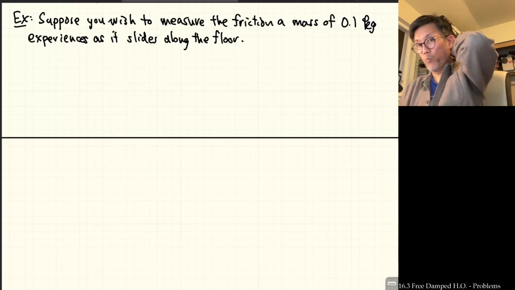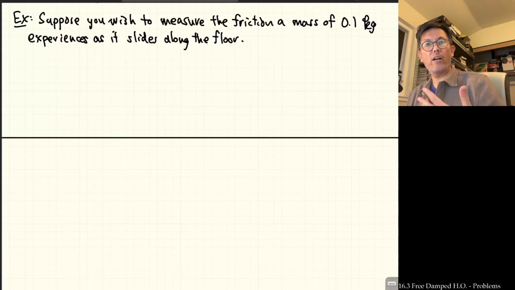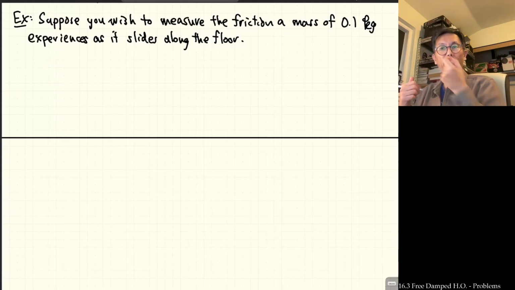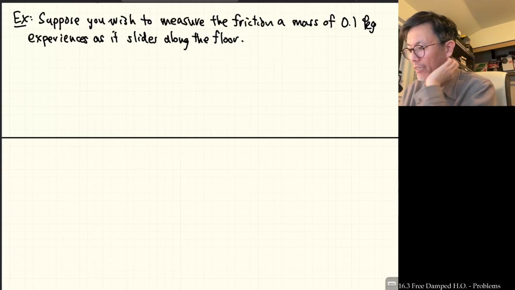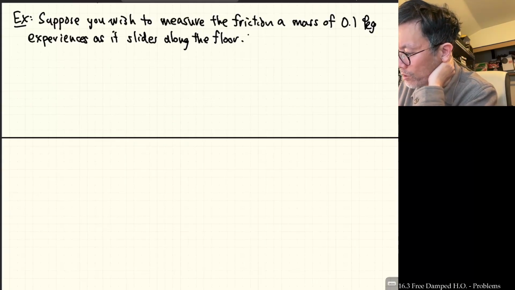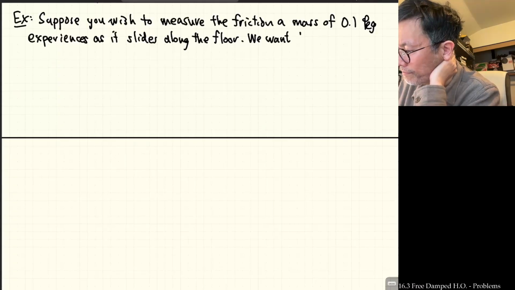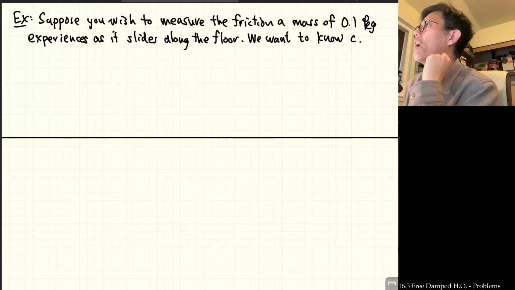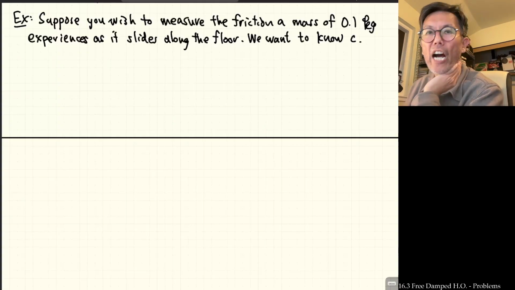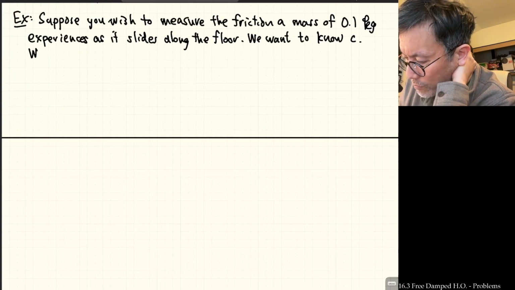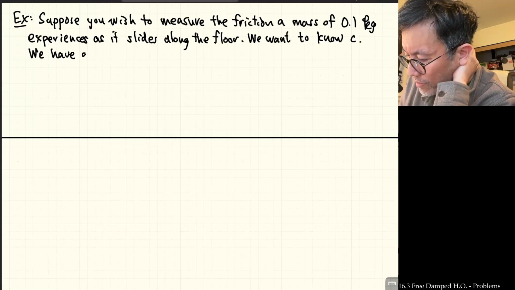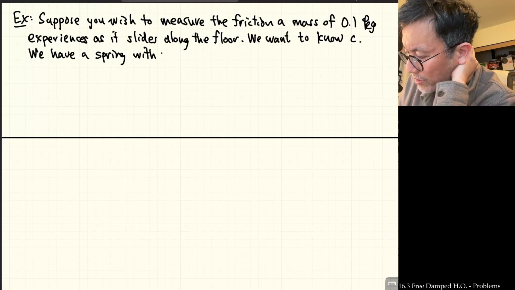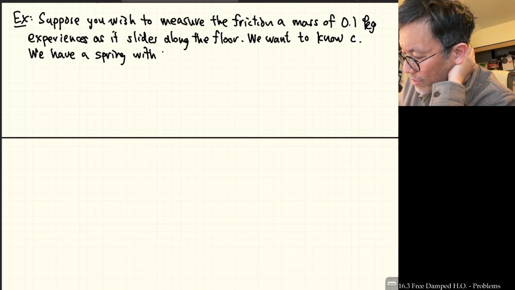So when we say we want to measure the friction, what we're really saying is what is the damping constant C? So really we want to know C. You have a spring with spring constant K equals 5 newtons per meter.